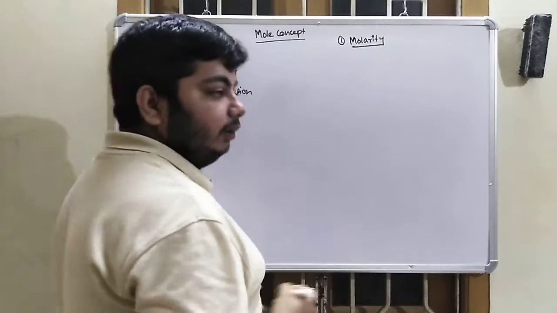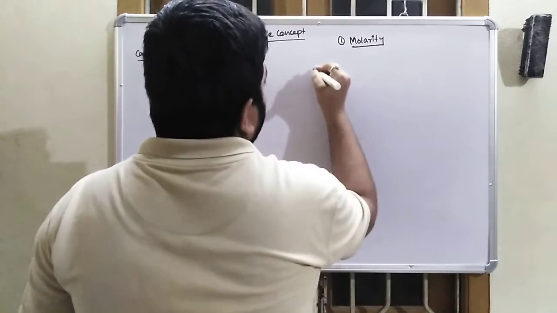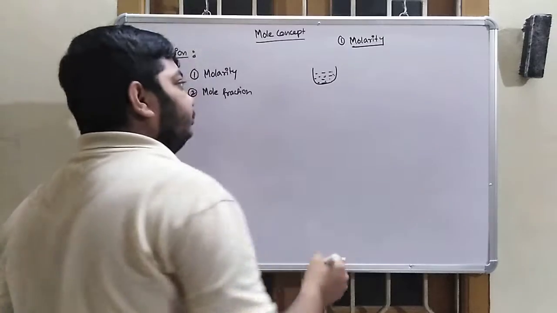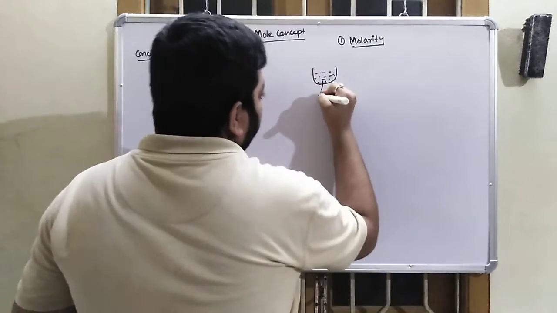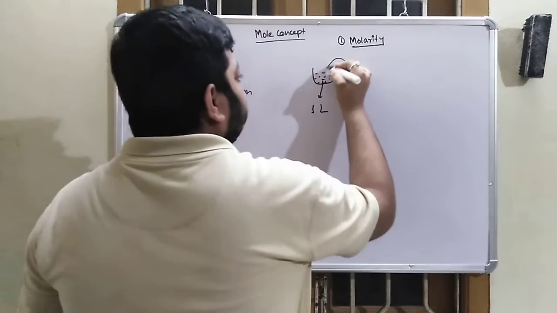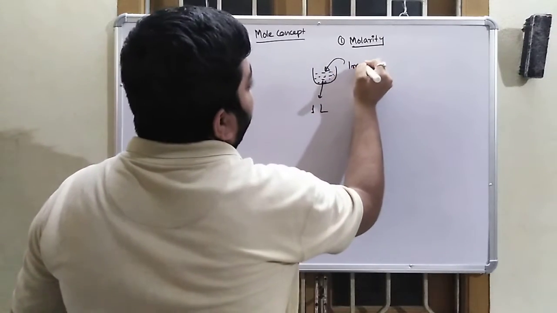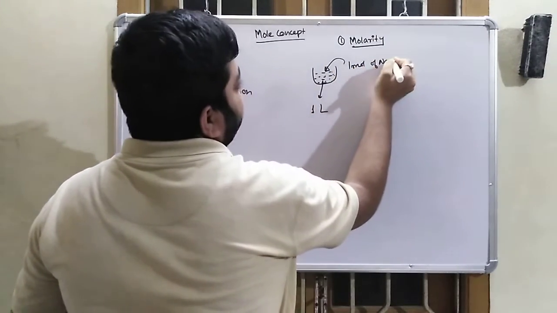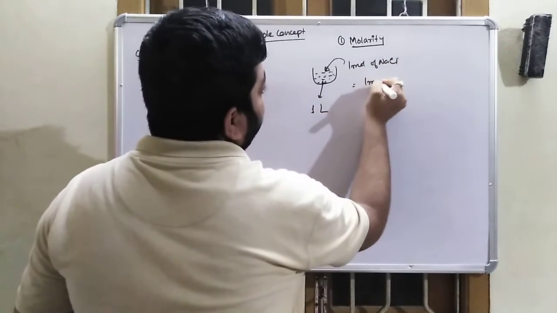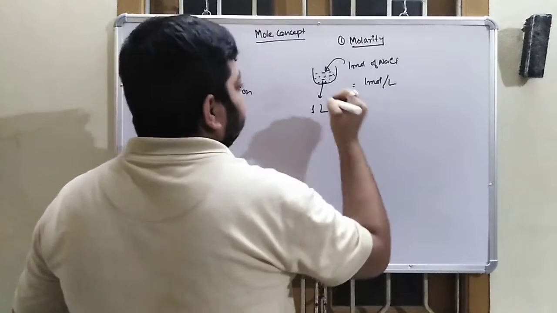Now, what is molarity? Suppose we are making a solution. We have made 1 liter of the solution and for that we have added 1 mole of NaCl. So the molarity will be 1 mole per liter.